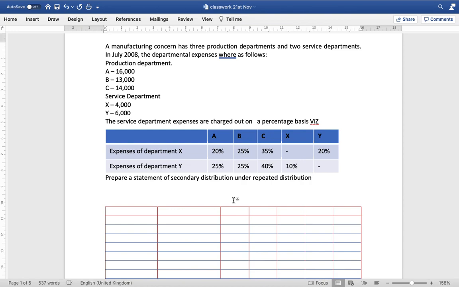So to start with, secondary distribution of overheads.